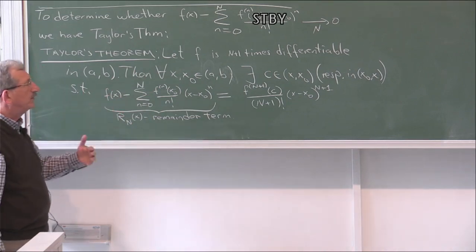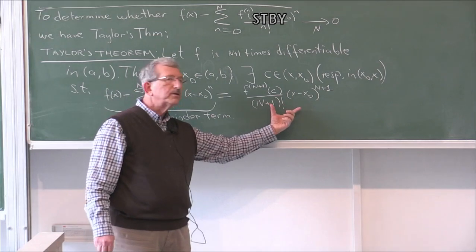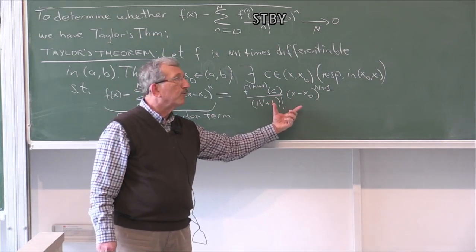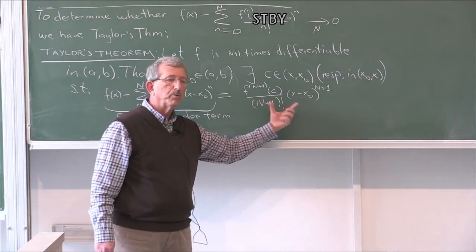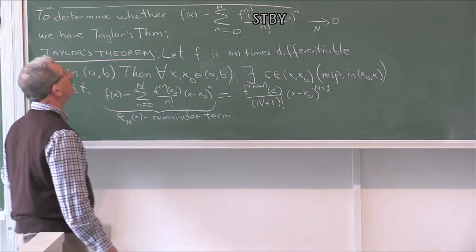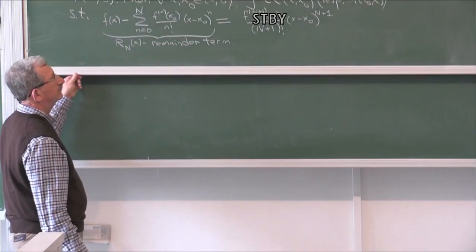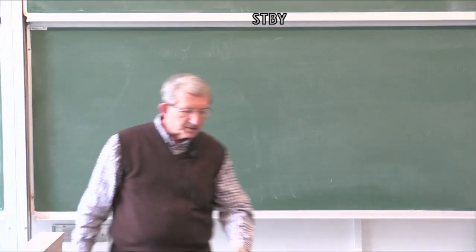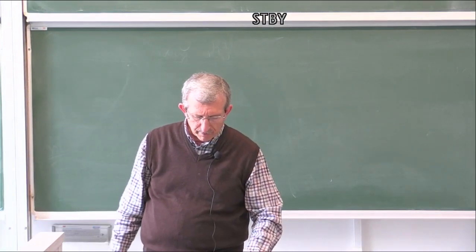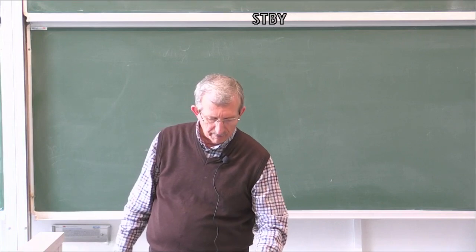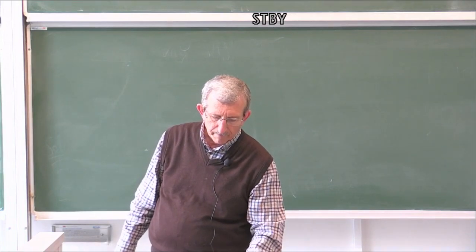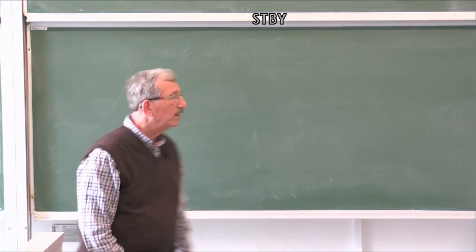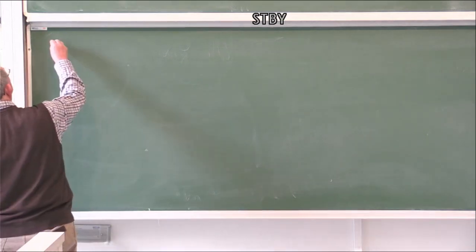To deal with this problem, we have a formulation at our disposal, and we will be able to use it in many practical cases. Now, because it's a consequence of the mean value theorem, we will give a proof of it.